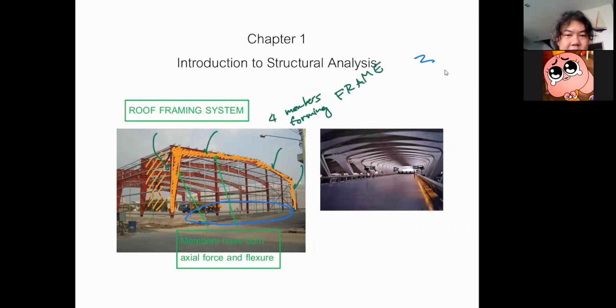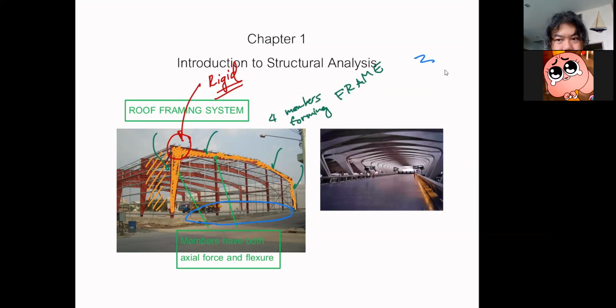And as I showed you before, the special character of the frame is that at the location where two members connect, there must be a joint that we call a rigid joint. If you think it is a pin, the frame will not be capable of withstanding the lateral load coming from the wind. So the joint will have to be rigid.